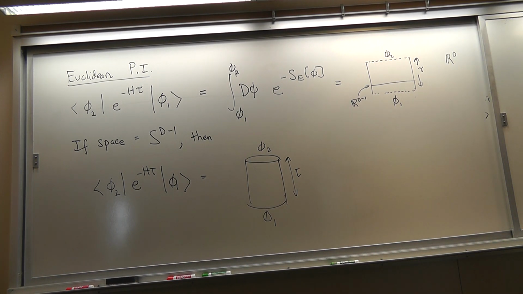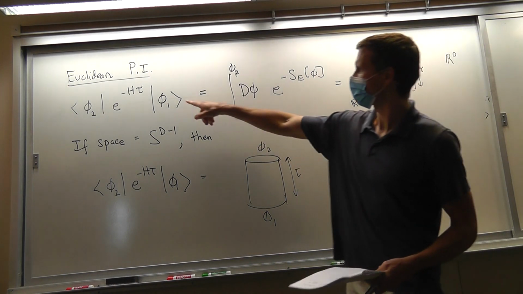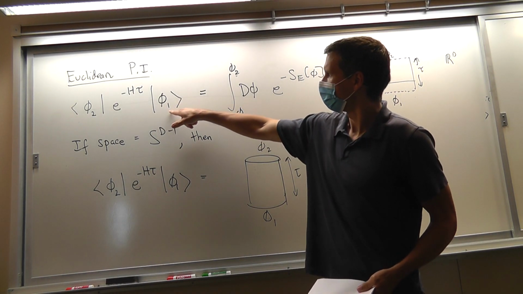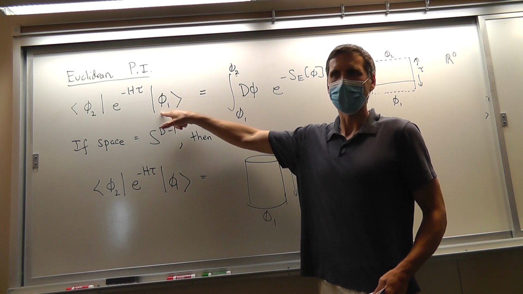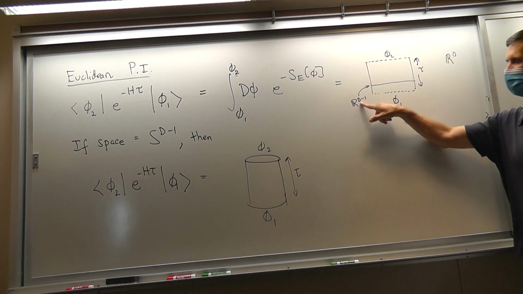Okay, so the difference between these pictures is what theory we're talking about. These theories can have the same local Lagrangian density, but in this case, the quantum states here were the quantum states of the quantum field theory on R^(d-1).